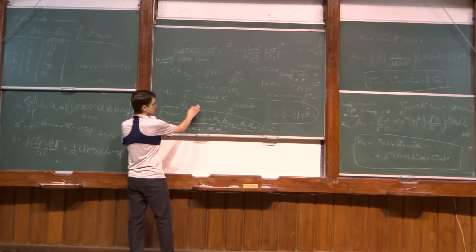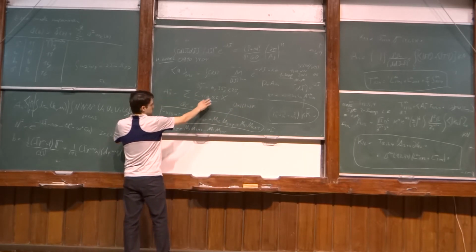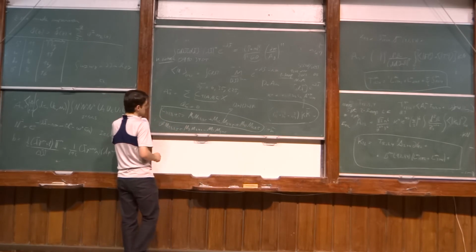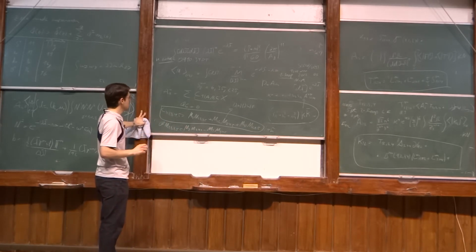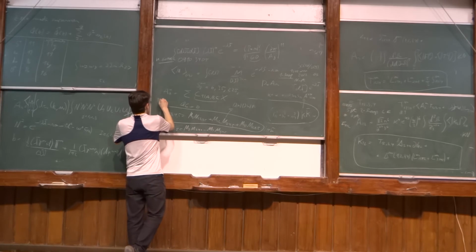And in 2012 we understood the structure of this guy for n-points, but now it's 2014, so it's a paper, 1408.